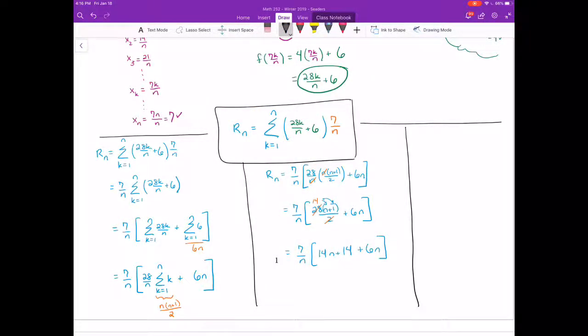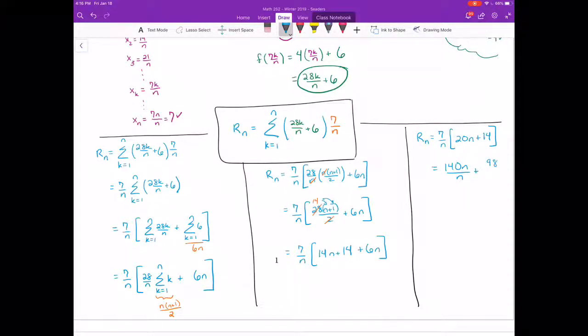And again, I'm going to start a new column. So my right-hand Riemann sum is 7 over n times, well, 14n plus 6n is 20n. I have my plus 14. And now I'm going to distribute my 7 over n. This gives me 140n over n plus 7 times 14, I have to calculate that.